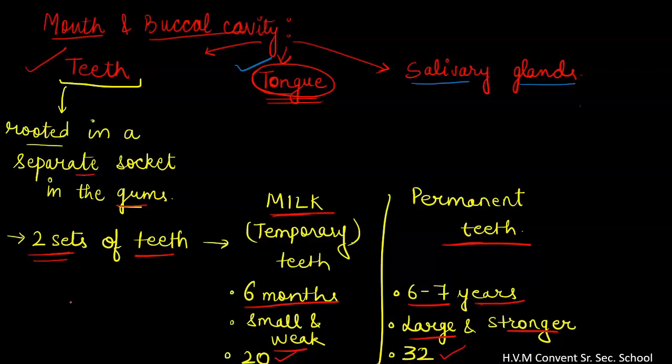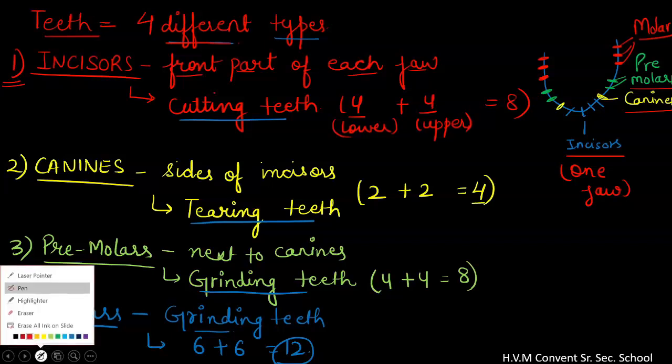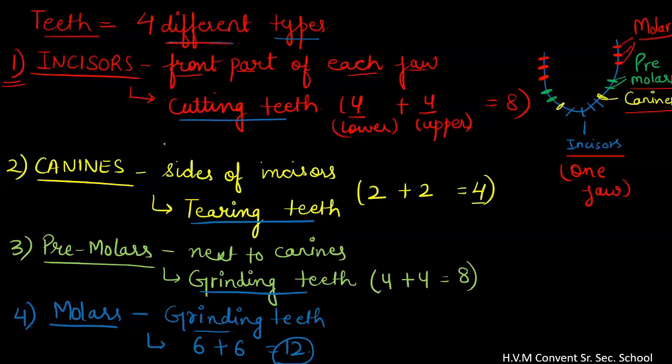Now let us talk about the different types of teeth that we have. We have four different types of teeth, and first are incisors. Incisors are present in the front part of each jaw, and these are four in number in each jaw.